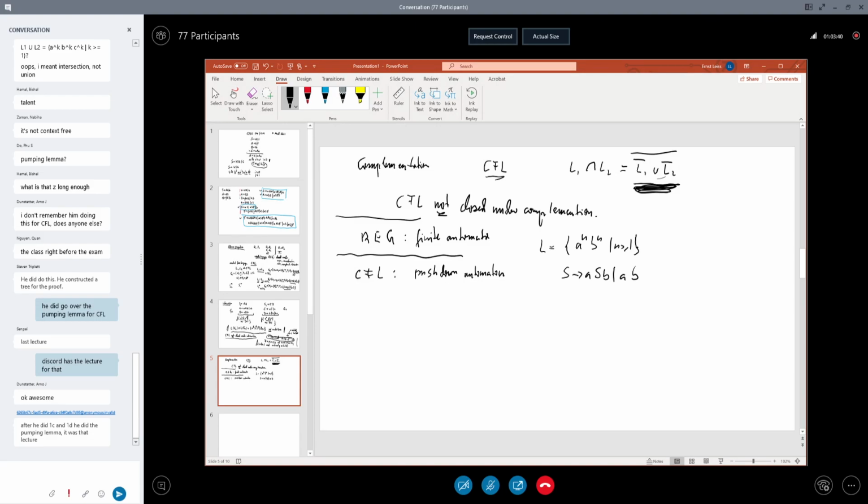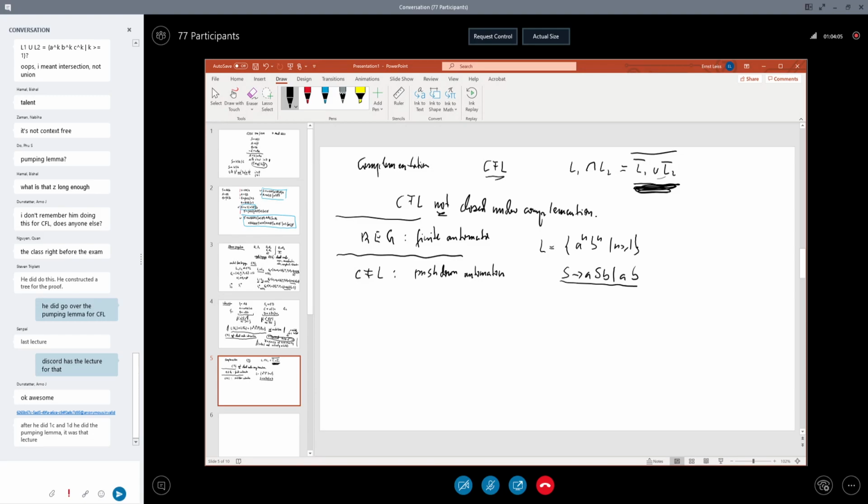And so that means that we have clearly a mechanism, a context-free grammar, that allows us to generate the words in that language. So how do we capture this ability of counting?